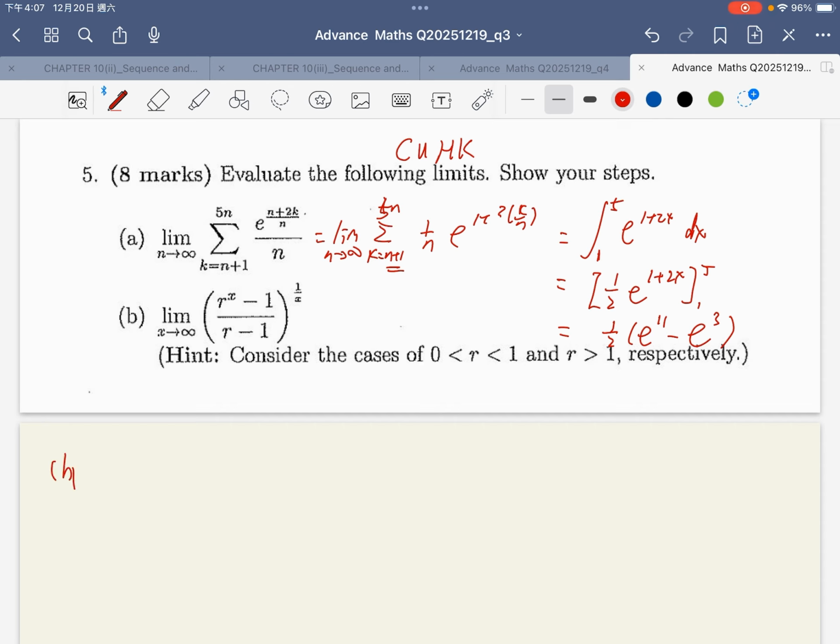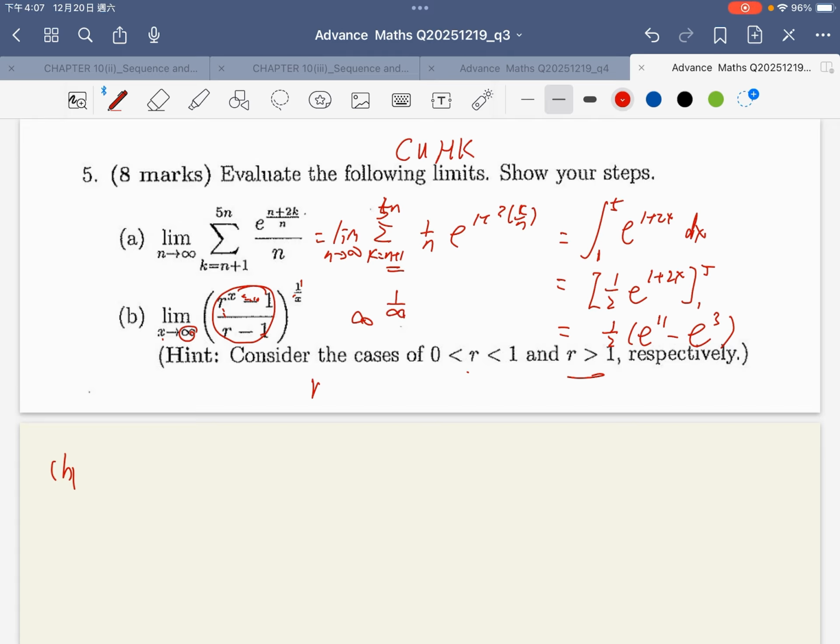Part B obviously is an indeterminate form, because when x tends to infinity, if r is greater than 1, then r to the x is infinity. Then infinity to the power 1 over infinity is infinity to the power 0, an indeterminate form.